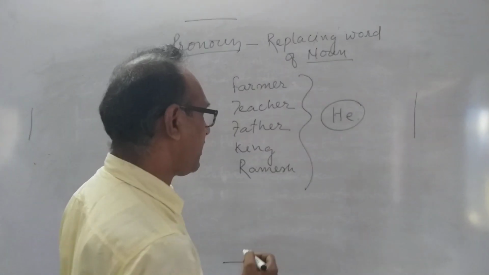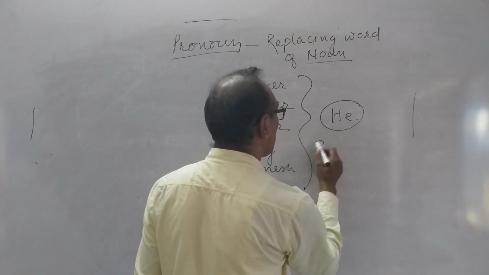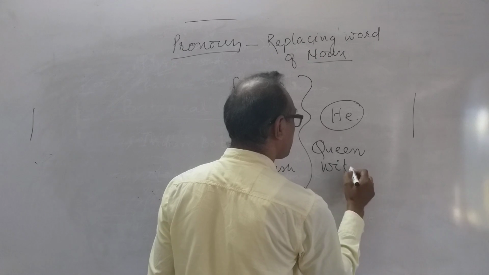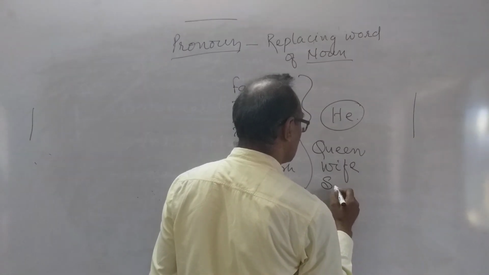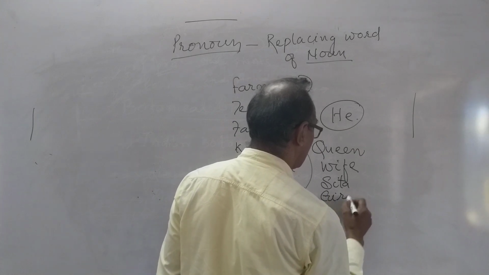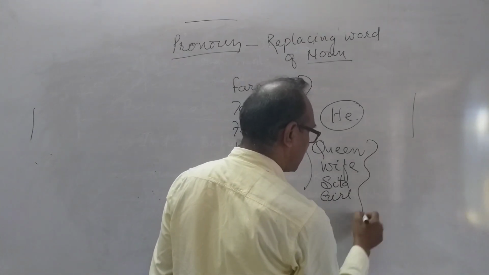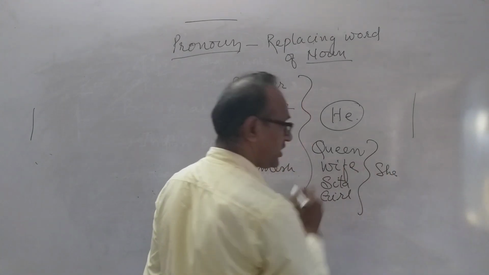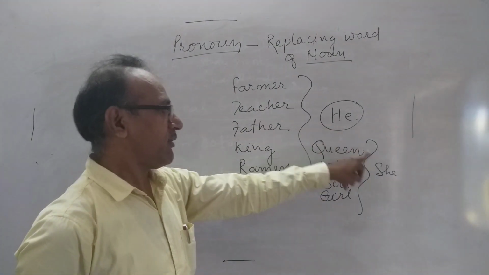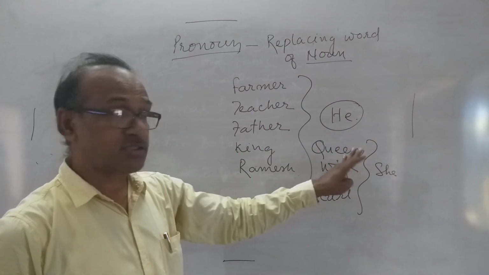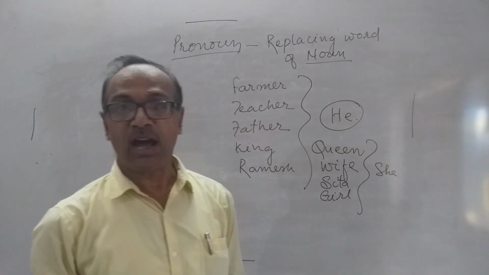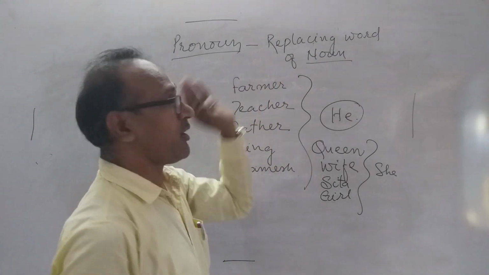The same way, if we write queen, wife, Sita, girl, for all these we use she. So these are known as replacing words of noun, and these replacing words are known as pronouns.